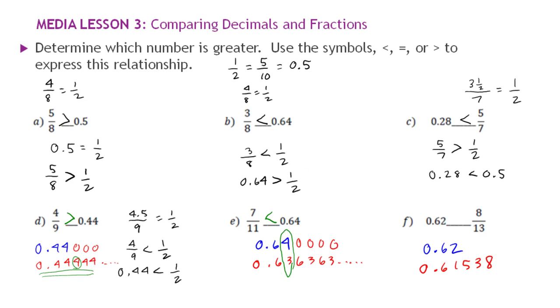Okay. Now if we fill in the placeholders and compare, they're the same in the tenths place and they differ in the hundredths place. And again, if we had rounded this, that would have been a mistake, because we would have that they were equal. So you don't want to round, you want to compare them until you find a difference in their decimal place. And we see that 0.62 is greater than 8/13.